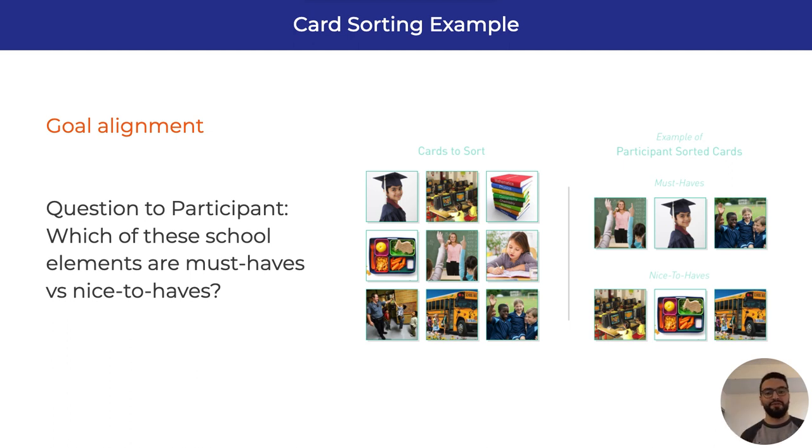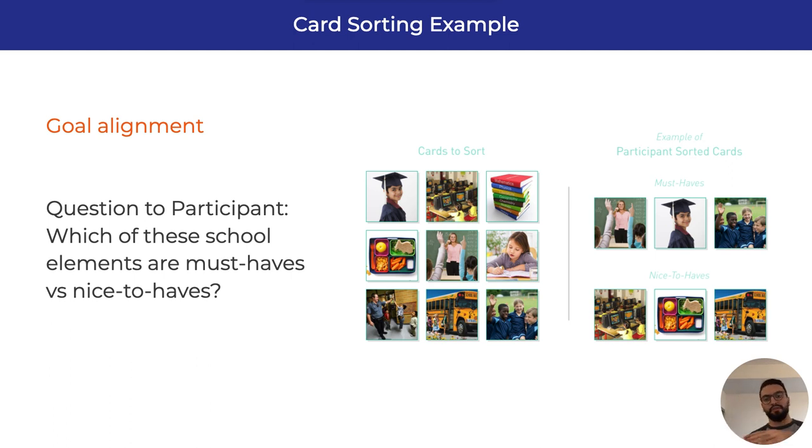If you have a school and you're trying to understand the most important features or elements of your school that parents care about when they're picking their child's school, this is really helpful, so that you can over-invest in the must-haves and invest less time and effort into the nice-to-haves.